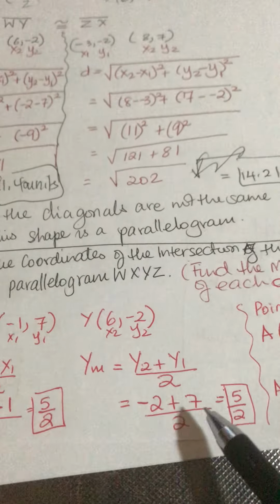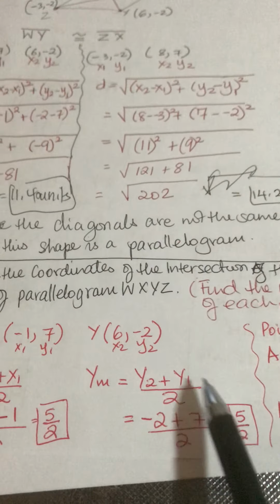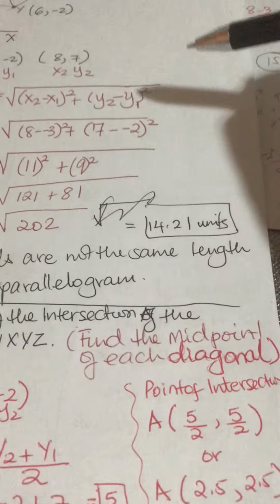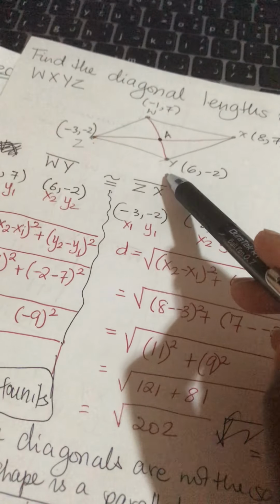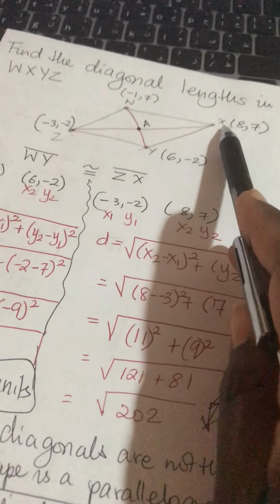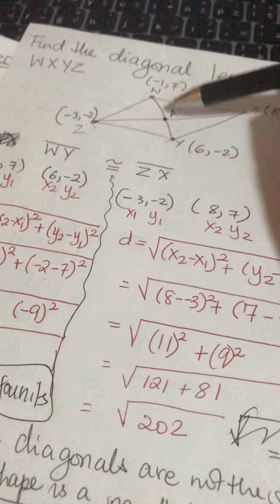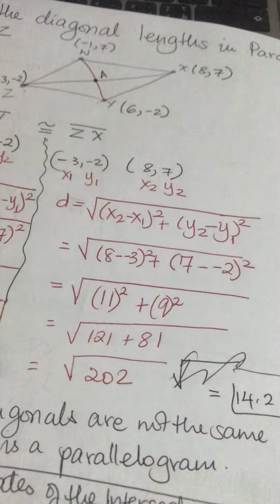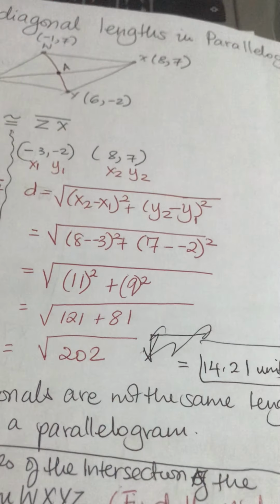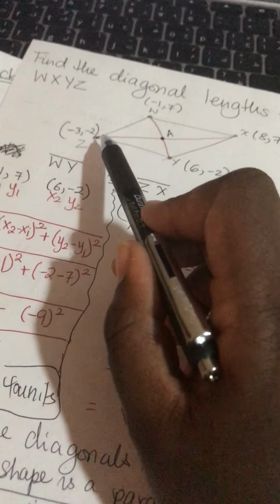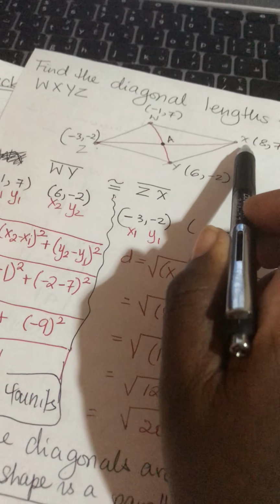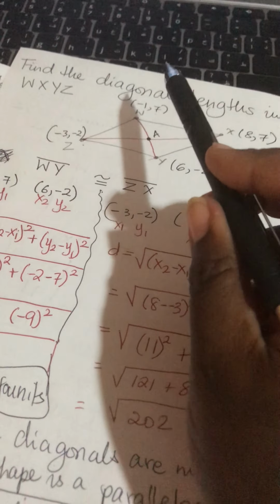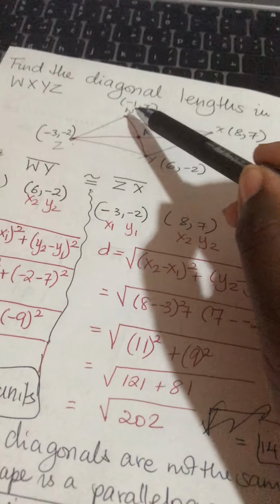Okay. Now, when you plug in your numbers and you do it for WY, you must check with ZX. So if you do WY, the check must be the other line. And your answers must be the same. The answer you get when you do the midpoint for ZX should be the same answer you get when you do the midpoint for WY.